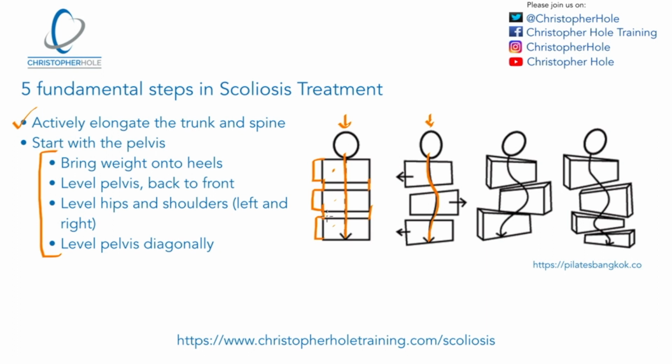Now, what we find in a scoliotic posture is deviations through these 3 segments. So you can see here the lower and the upper are slightly protruding out to the left, and then you've got this middle section slightly protruding out to the right, creating this scoliotic posture through here.